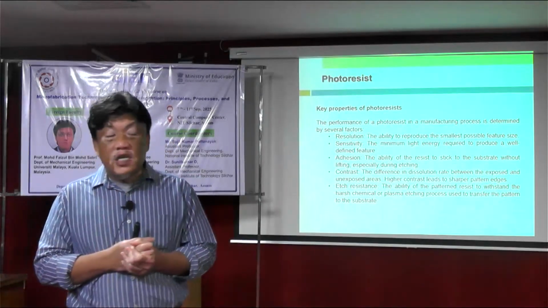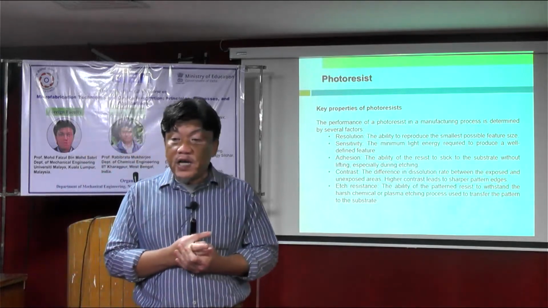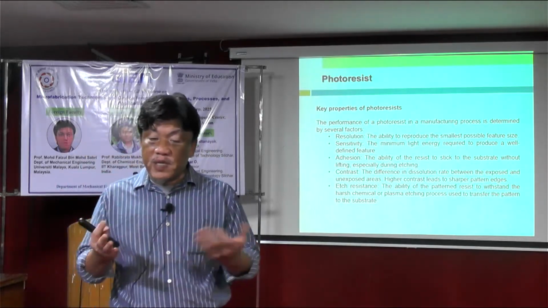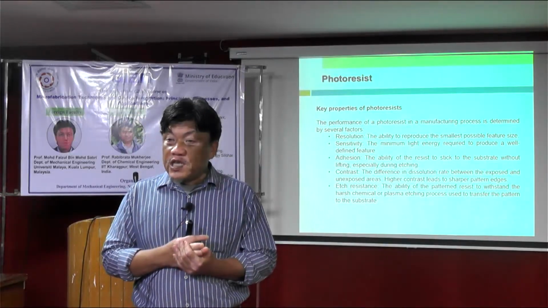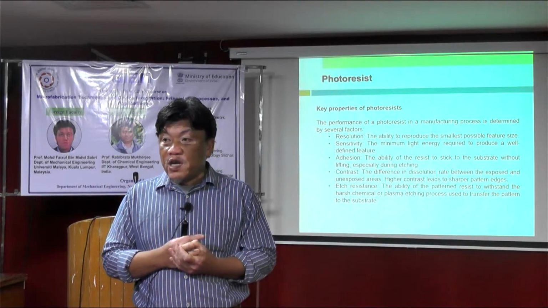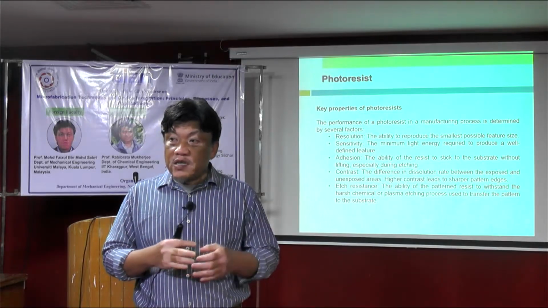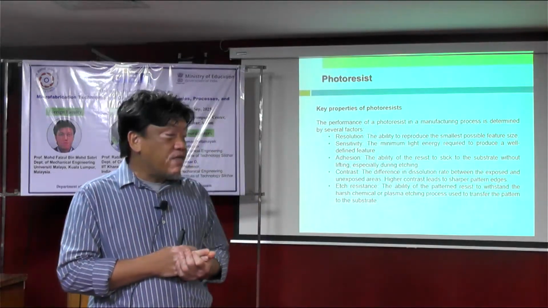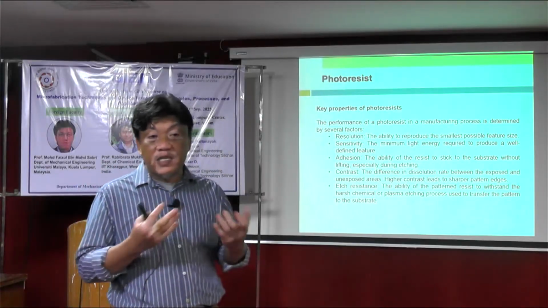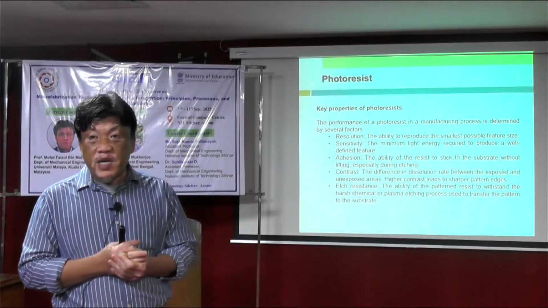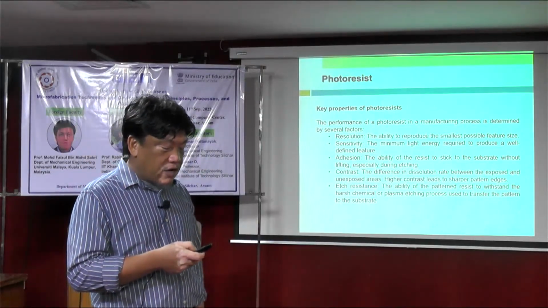If the etch resistance is not good, then after just a few minutes, for example, the photoresist will be removed, and you will not be able to make the pattern accordingly. But of course, there are a few types of photoresist that have been tested to withstand certain chemicals or processes to a certain extent.